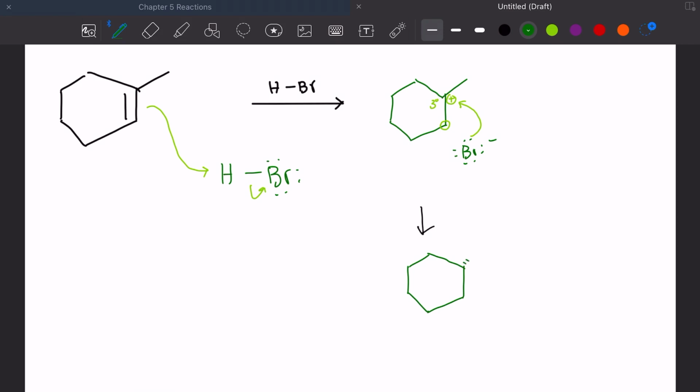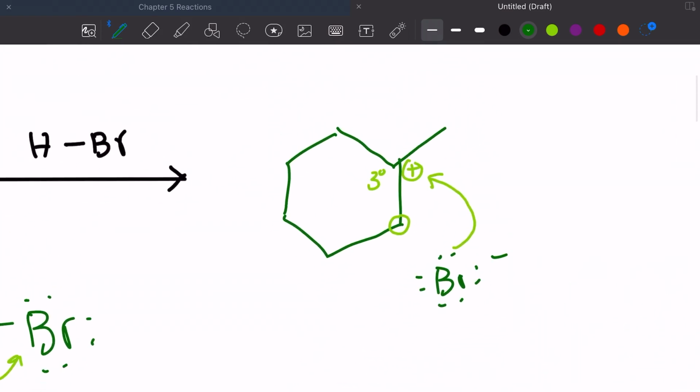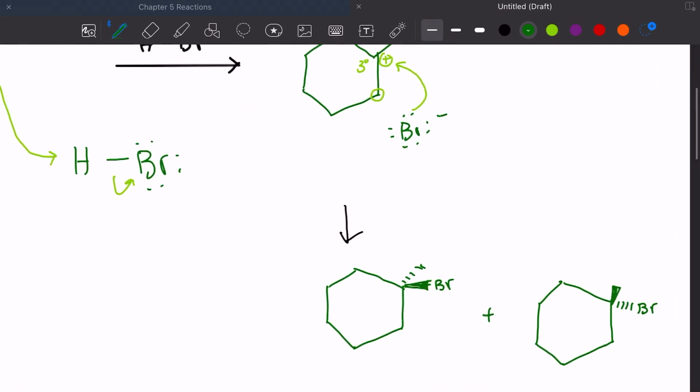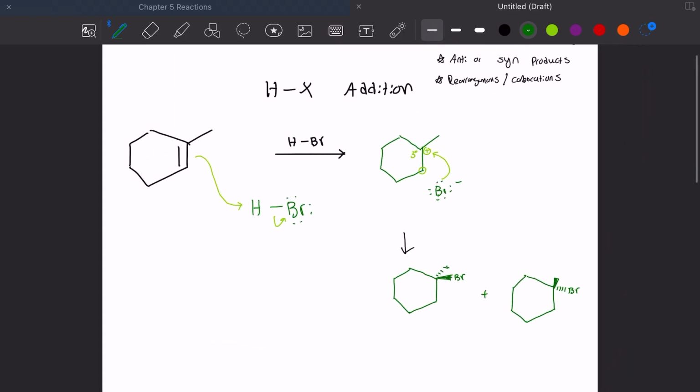Either our bromine can be on a dash, or it can be on a wedge. I'm sorry, guys, you get the point. It doesn't really matter because this methyl group can just change positions, and this is why we can get anti or syn products.